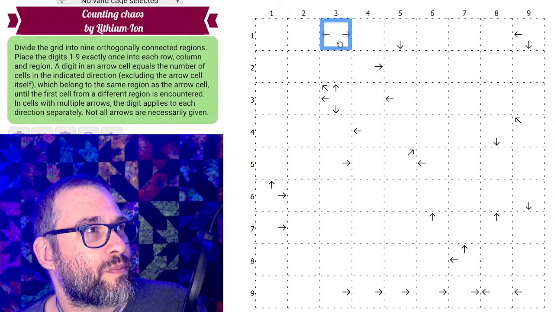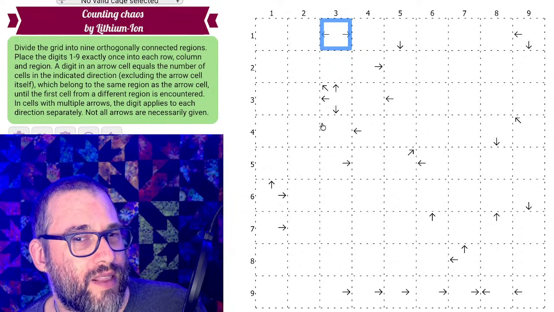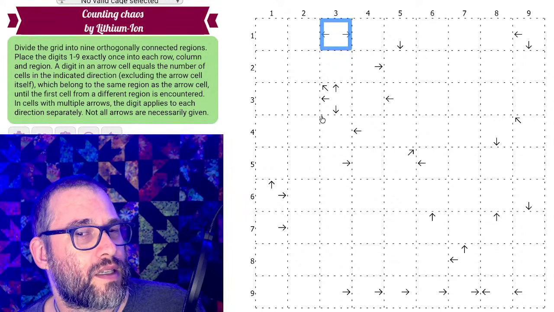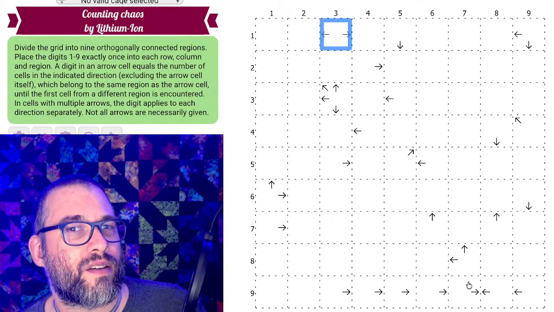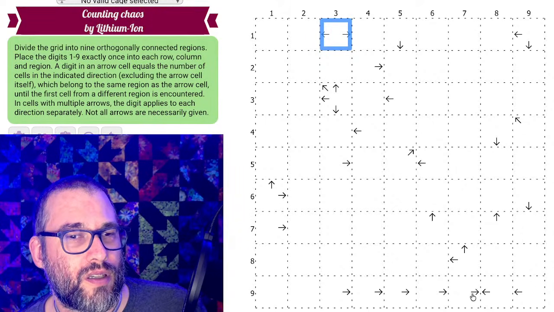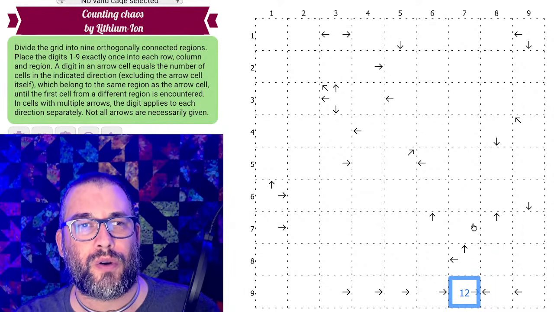In cells with multiple arrows, the digit applies to each direction separately. Not all arrows are necessarily given. So like this is a 1 or a 2 only.